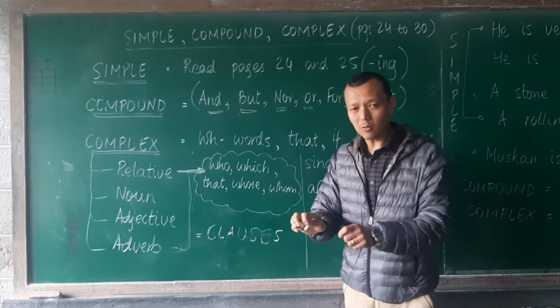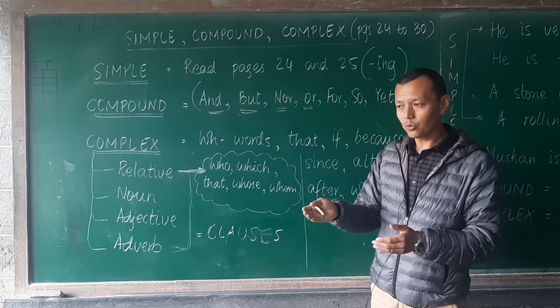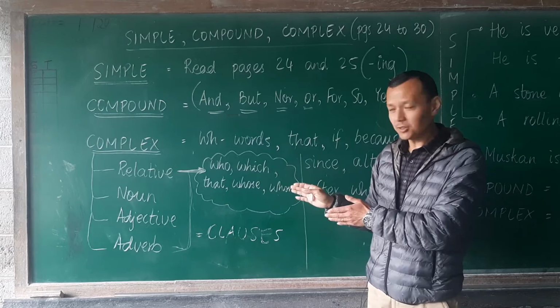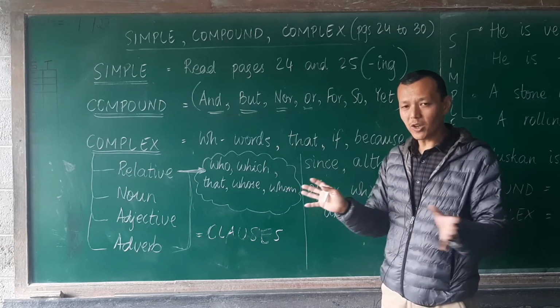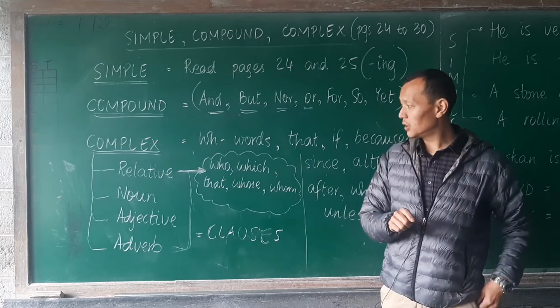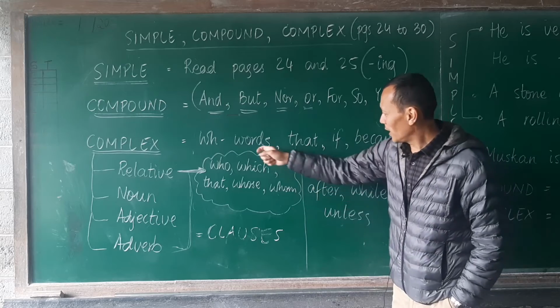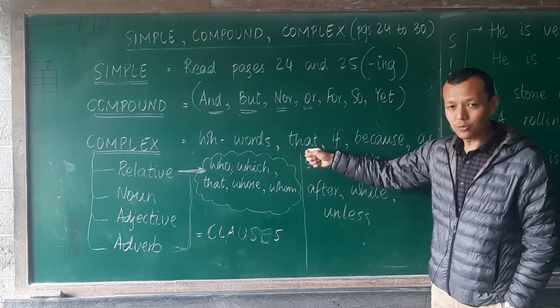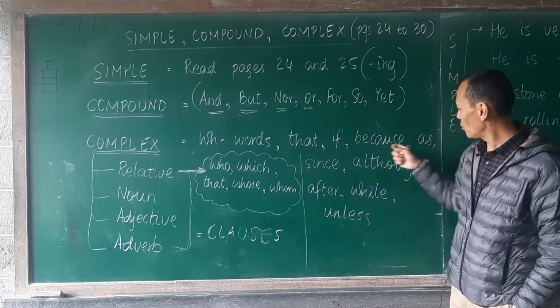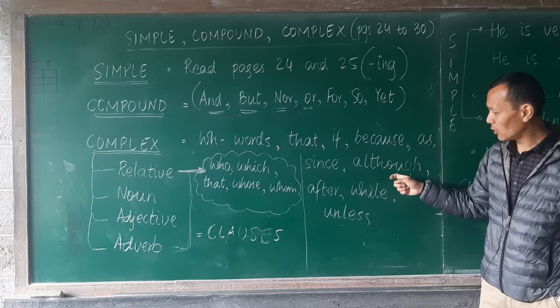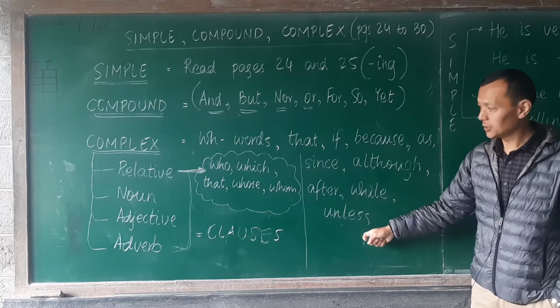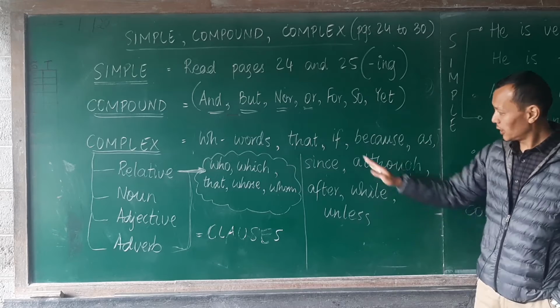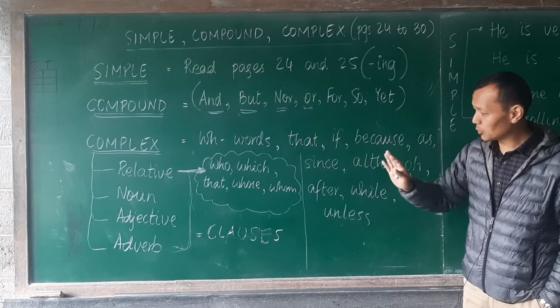So your job in the exam is to try and use these words that I have written here when you join 2 sentences into a complex one. There are others, that, if, because, as, since, although, after, while, unless. This is also given in order.